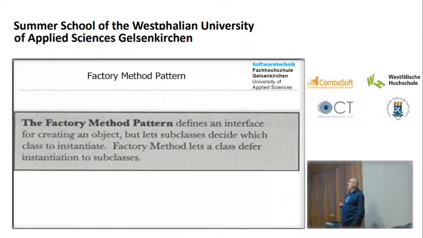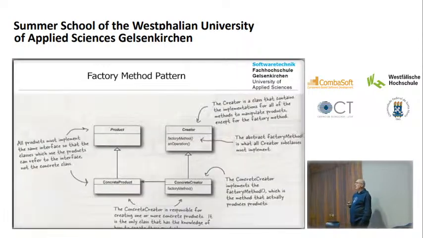So what is called the factory method pattern defines the interface for creating an object, but lets the subclasses decide which class to instantiate. Factory method lets the class defer instantiation to subclasses. So the general diagram for this is this one.